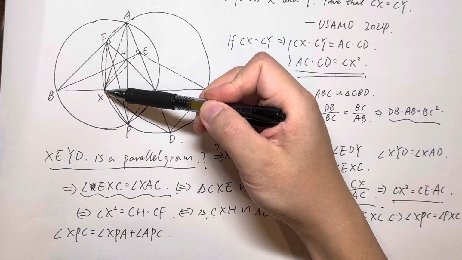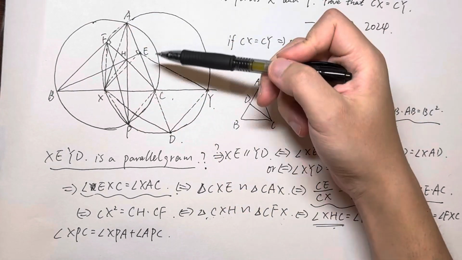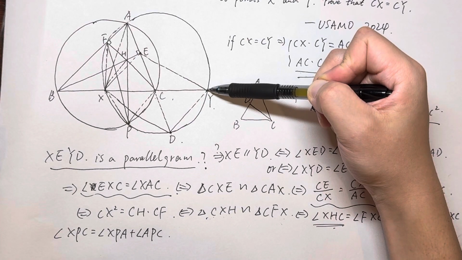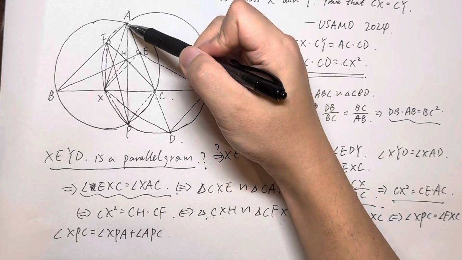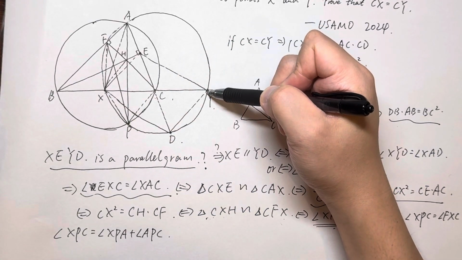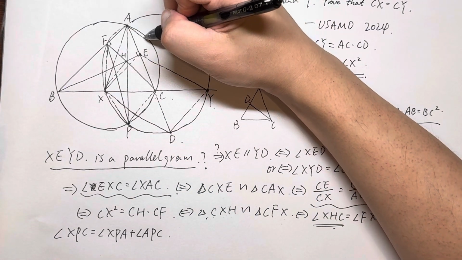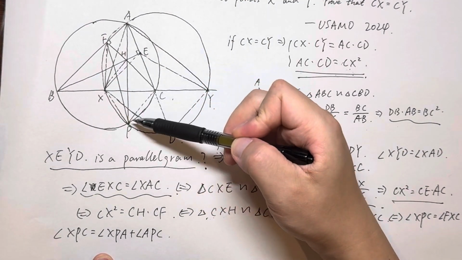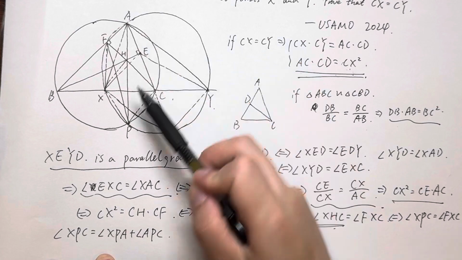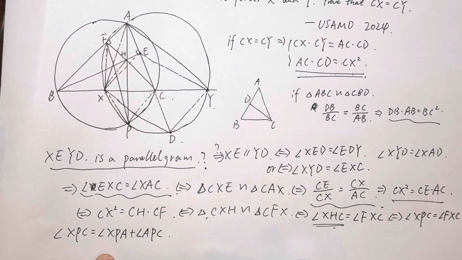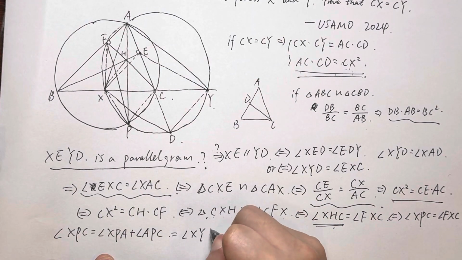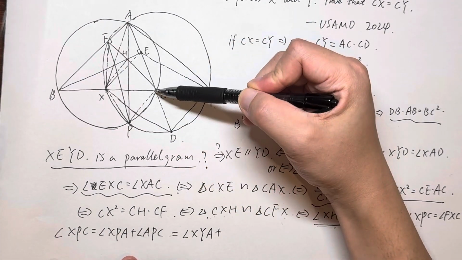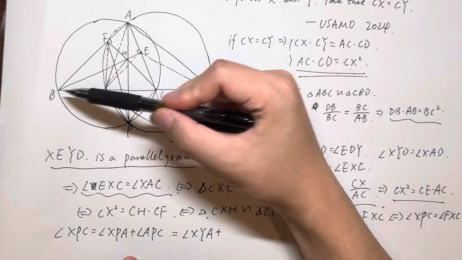And for the angle XPA, because AXPY are cyclic, so if we connect AY here, we know that angle XPA equals angle XYA. Right, so it equals XYA plus. For the angle APC, because ABPC are cyclic, angle APC equals angle ABC.